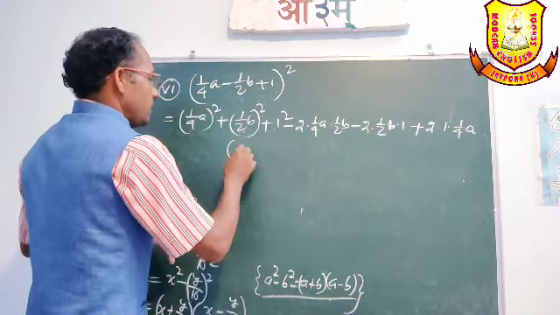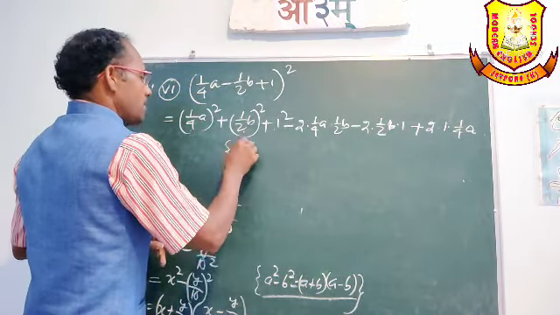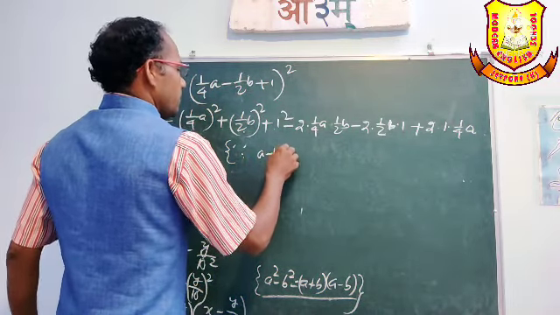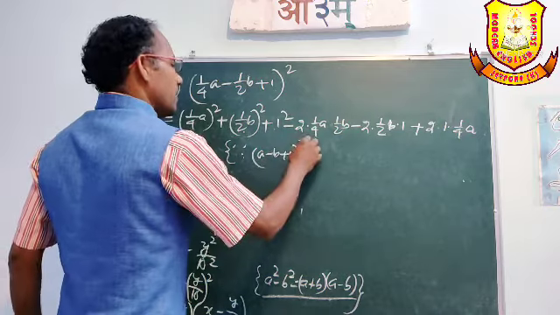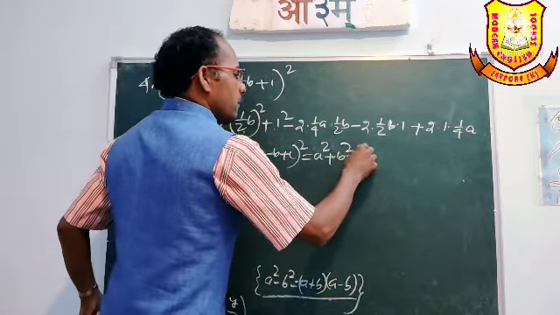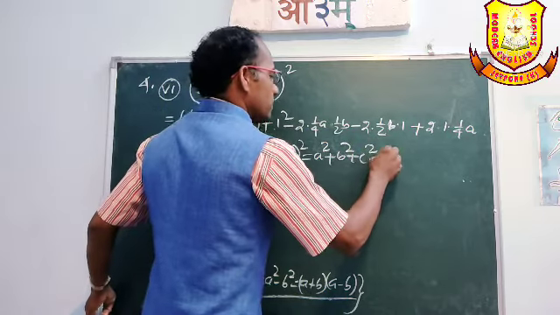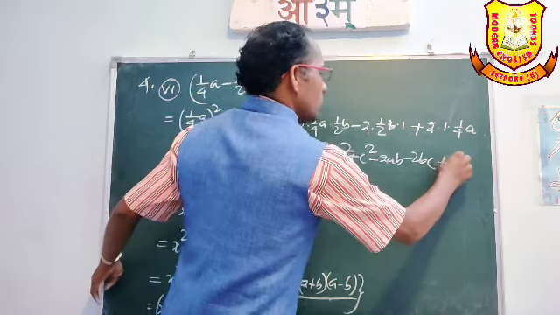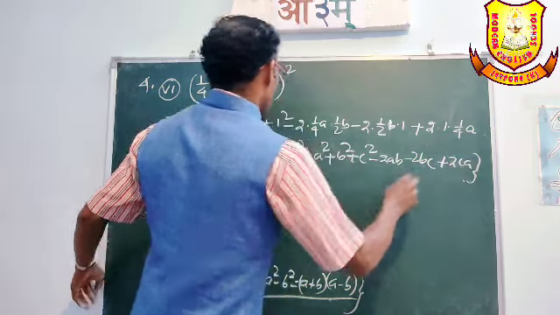So here you have to write (a − b + c) whole square equals a square plus b square plus c square minus 2ab minus 2bc plus 2ca.